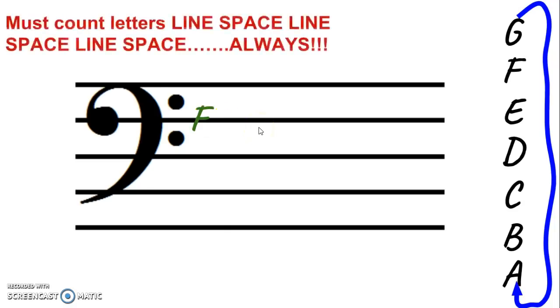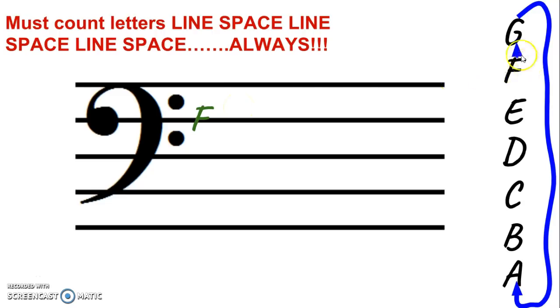The next thing we have to know is that we always have to use lines and spaces. So we start on a line here. Our next letter up in the alphabet is going to be a space, and then a line, and then a space. Same thing down. Line, space, line, space. Always. So we start on F, and we're traveling up.